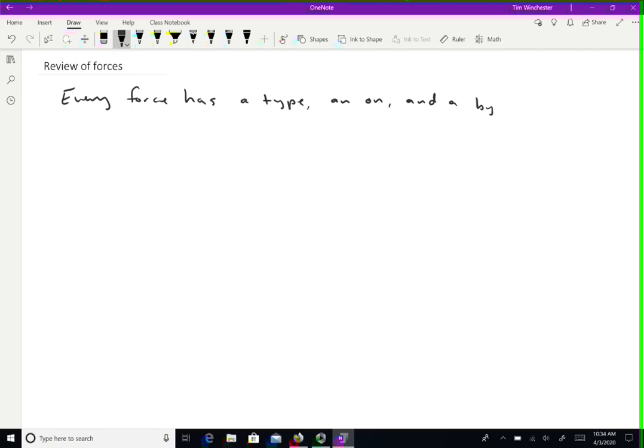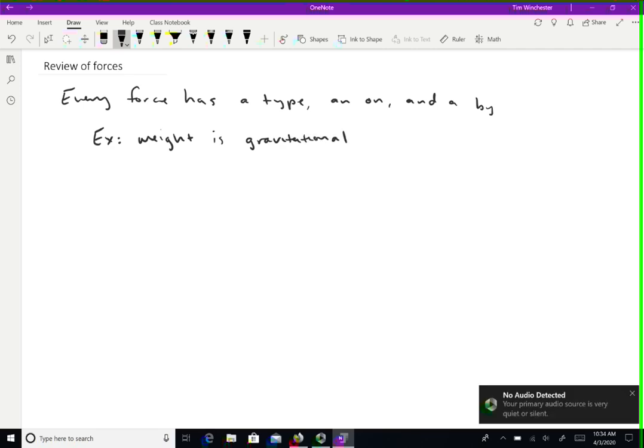So, for example, if we consider something like a weight force, it is a gravitational type. It is exerted on an object, whatever object has that weight.